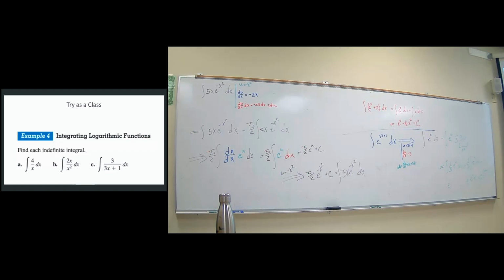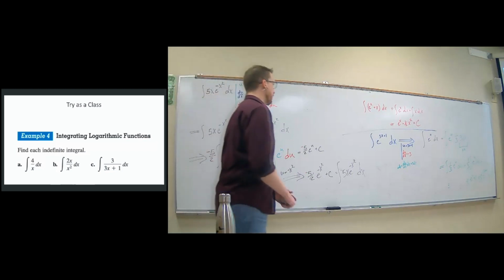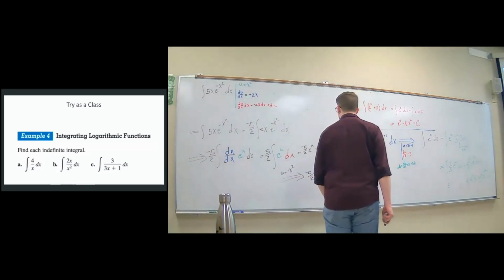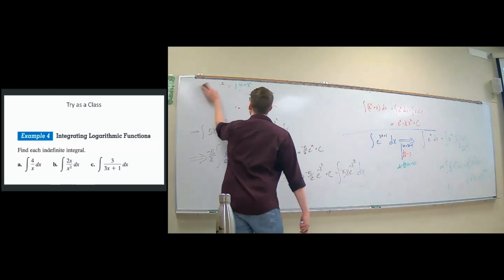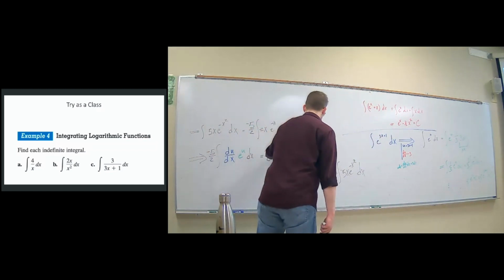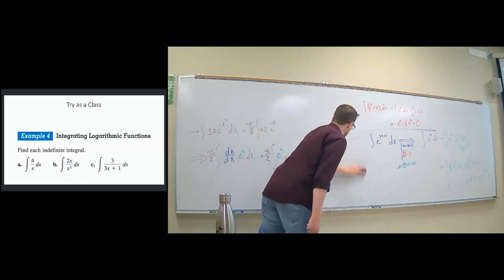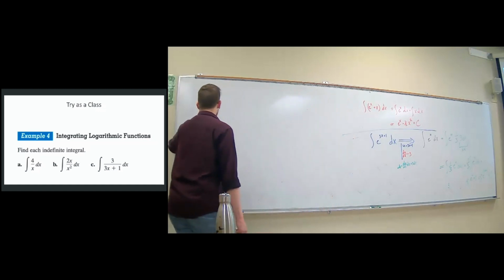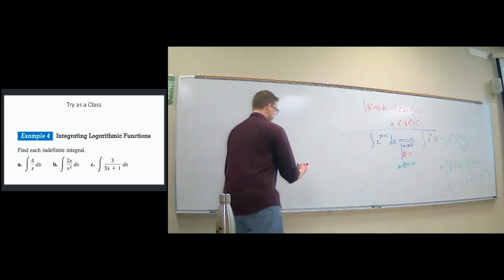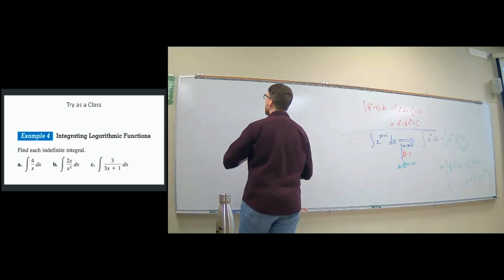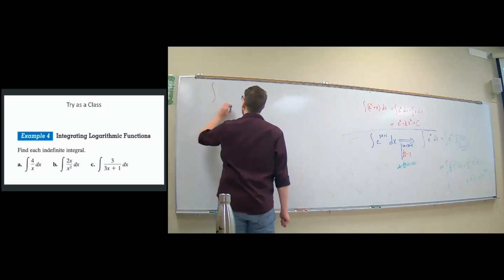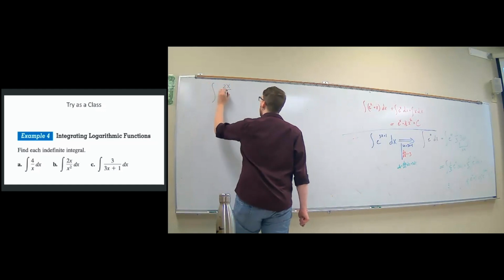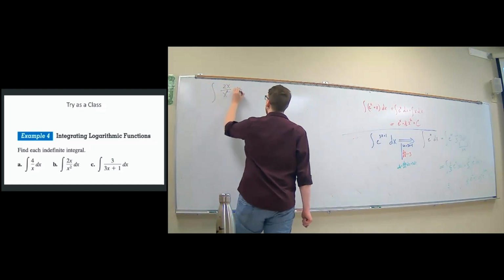So if we wanted to find each of these, how might we go about it? Let's look at B, because B clumps everything together. We'd start off by saying, I've got the integral of 2x over x squared integrated with respect to x.